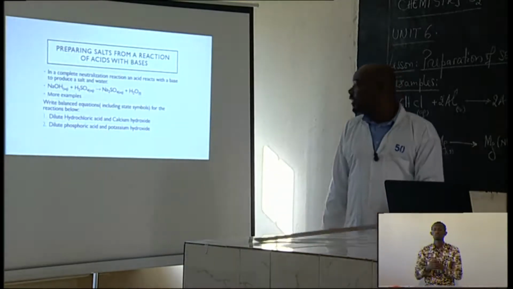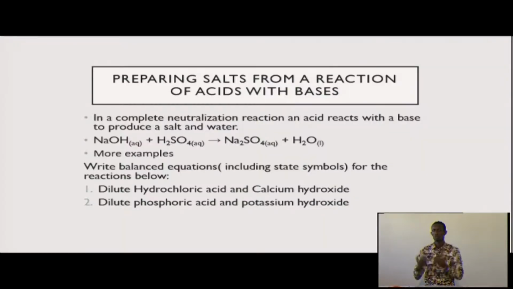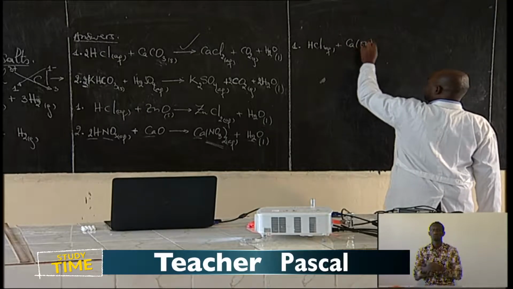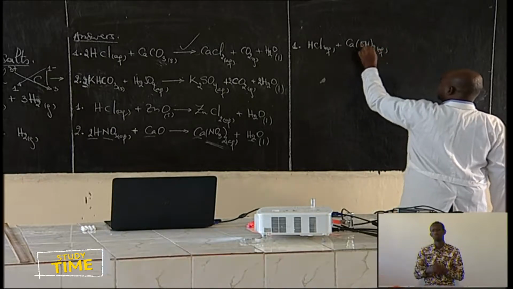And we have 2 examples here. We have hydrochloric acid. I want to do this one for you. Hydrochloric acid reacting with calcium hydroxide. What do we produce?